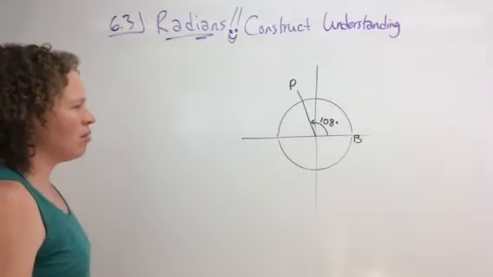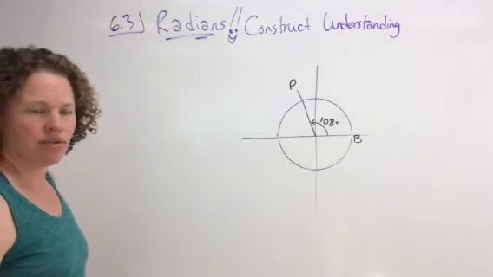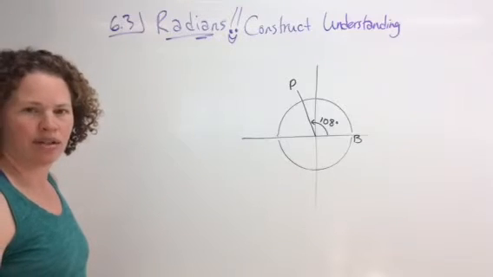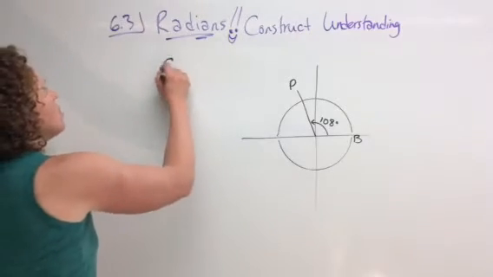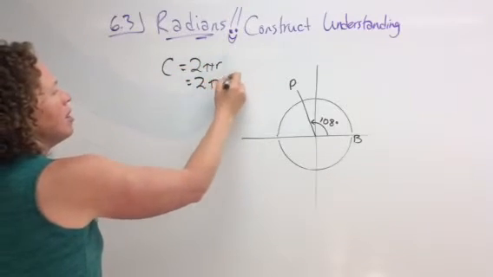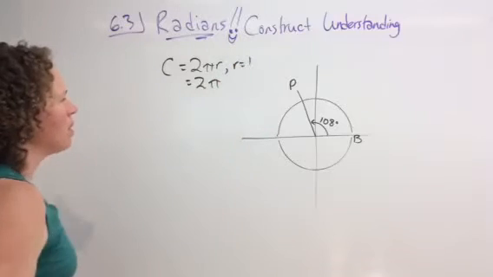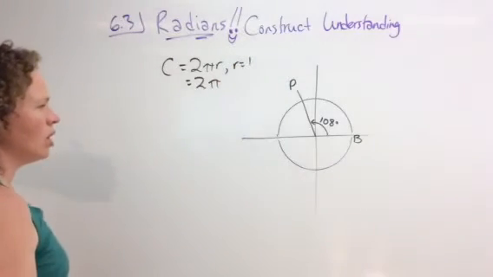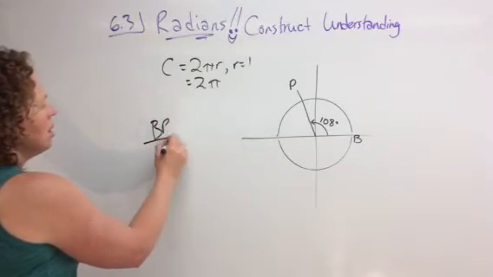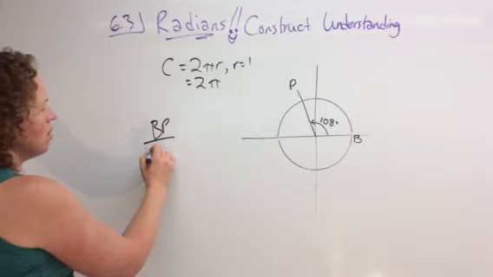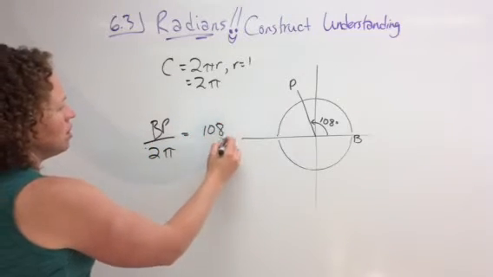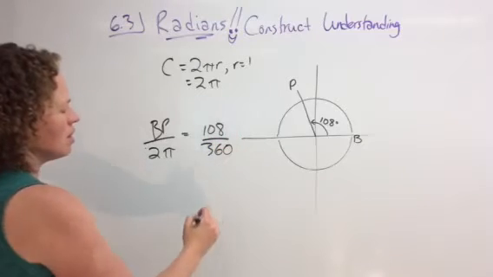So assuming that it's a unit circle with a radius of 1, that would mean that my circumference is equal to 2 pi r, so it's equal to 2 pi when r is 1. So I want to find out what portion, so BP is going to be a portion of 2 pi, just like 108 degrees is a portion of 360.